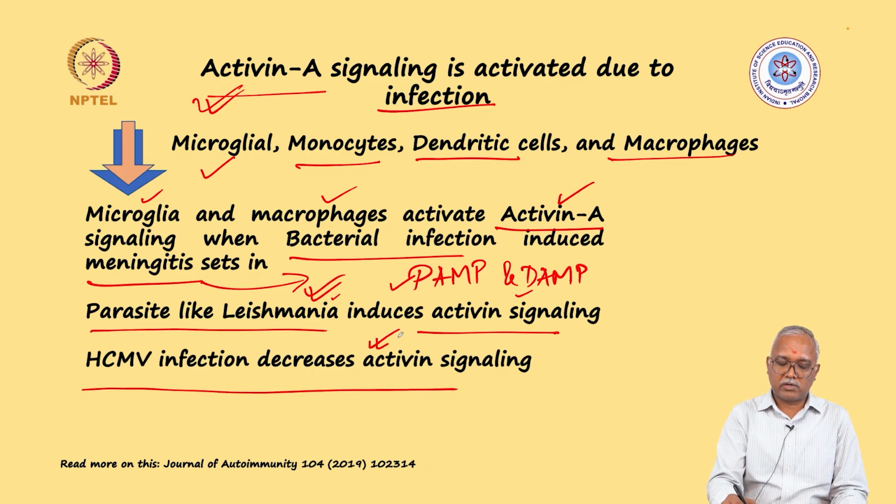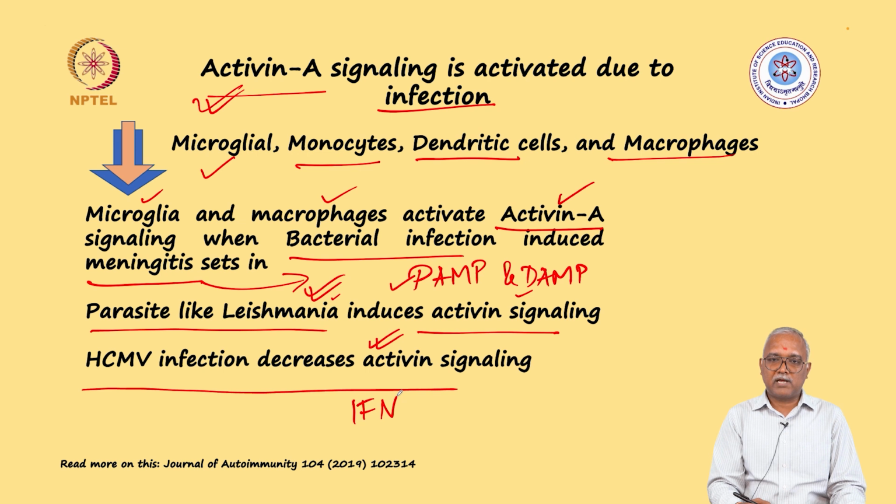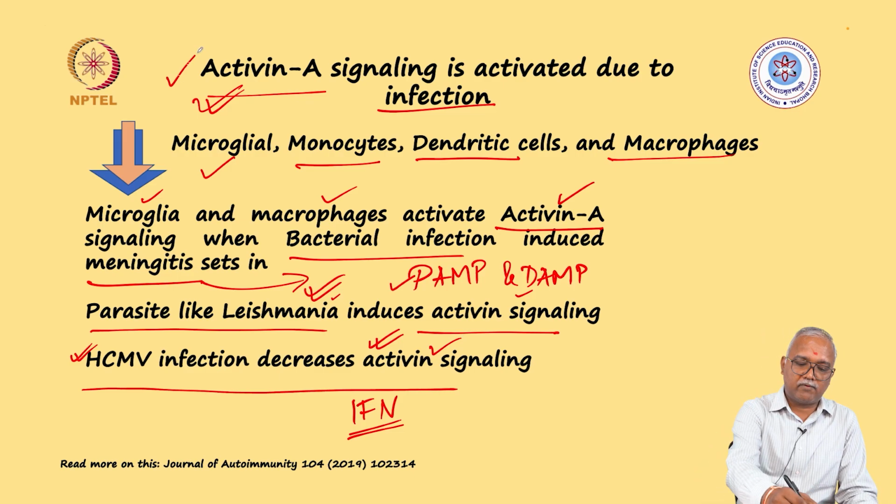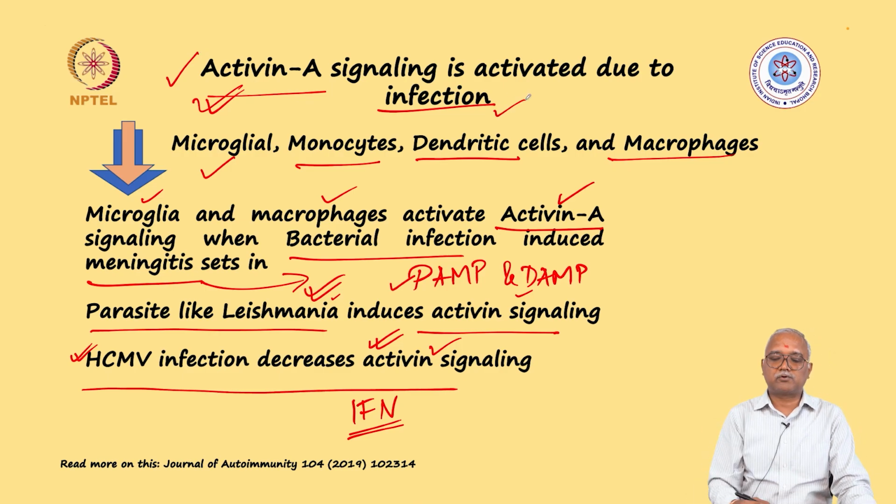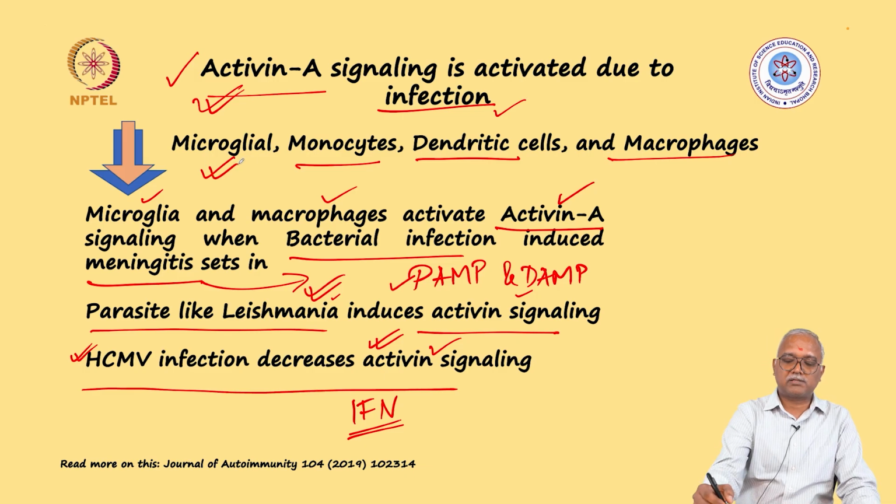The signals emanating from HCMV, like interferon, we know that some of the cells in our body, in response to infection by a virus, secrete these compounds called interferon, and these interferon can work through this activin signaling and ensure that the infection load decreases, viral load goes down. So activin signaling is playing a very important role in different types of infection. Depending on the type of infection, different types of cells are involved.